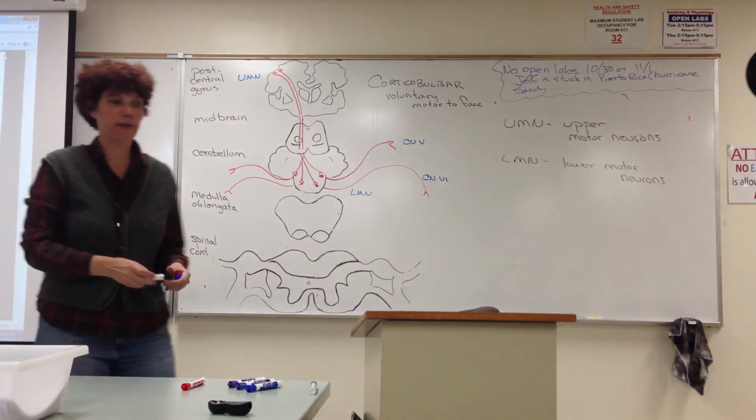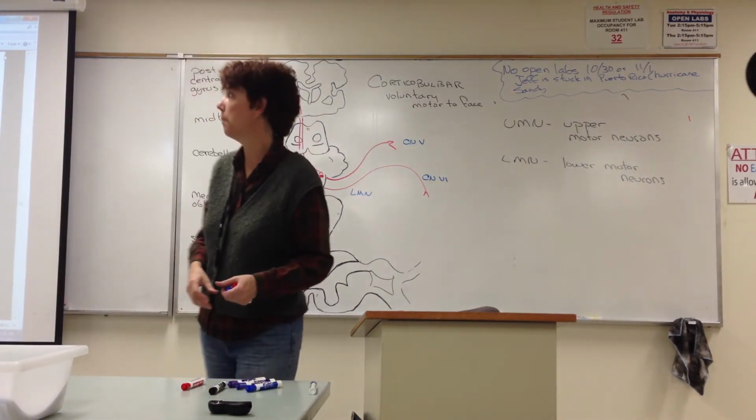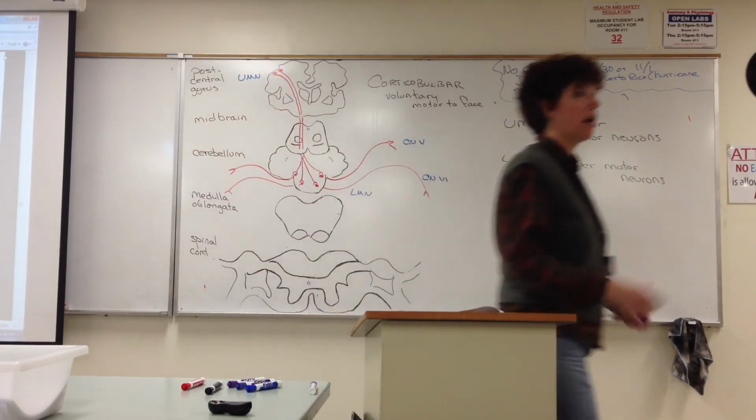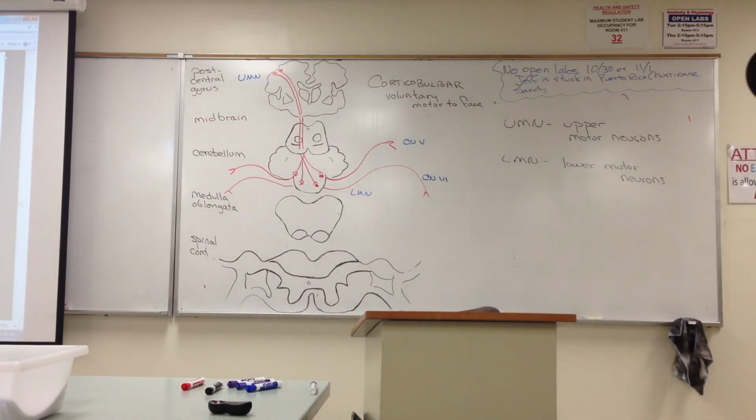Now what if I want to go farther? Our typical motor pathway is all the way down to the spinal cord to do upper limbs and lower limbs and trunk, all right? So starting from the cortex and going to the spinal column.